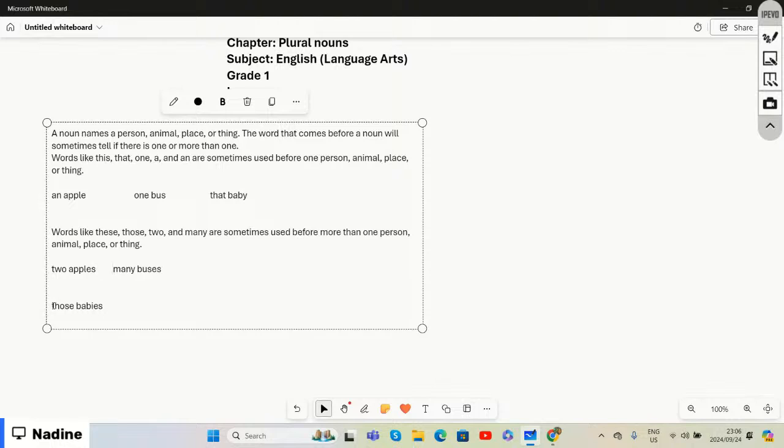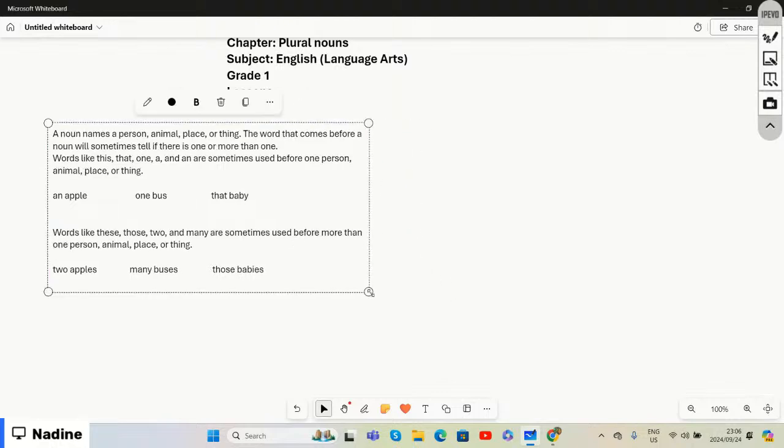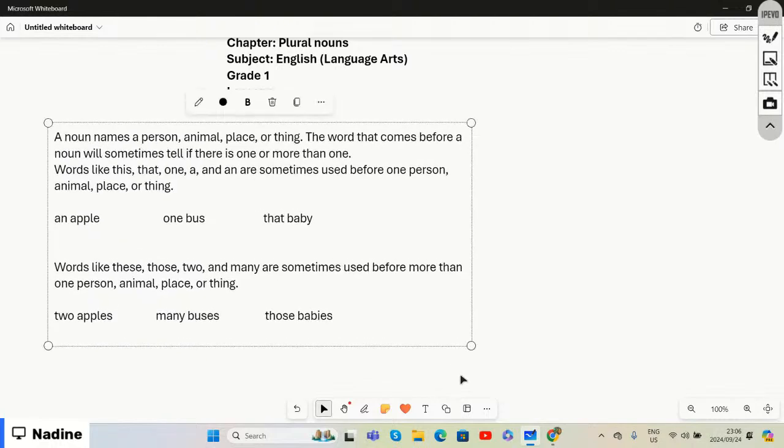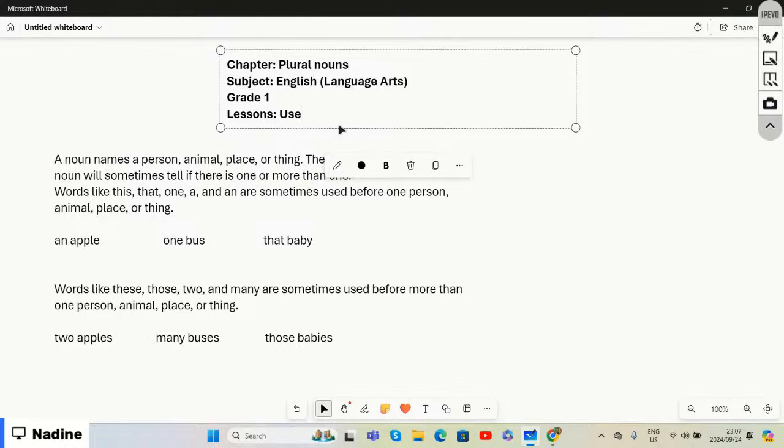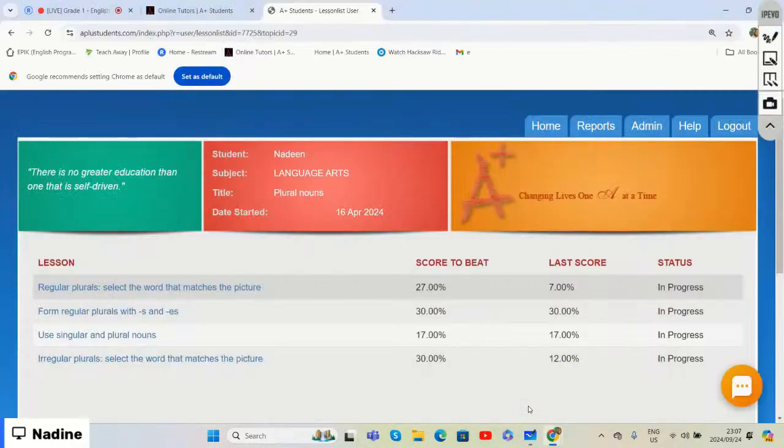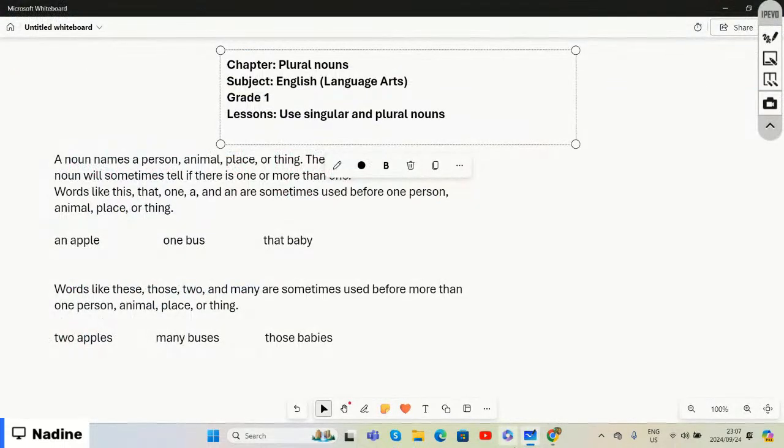And in the lessons that we are going to be focusing on under the chapter of plural nouns is to use singular and plural nouns, and we're going to go over irregular plurals and find out what irregular plurals are.